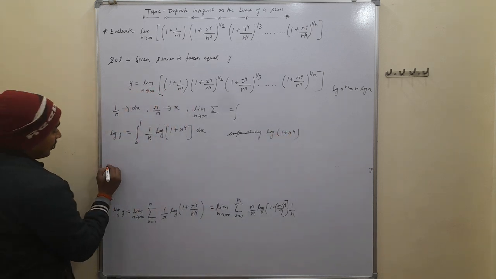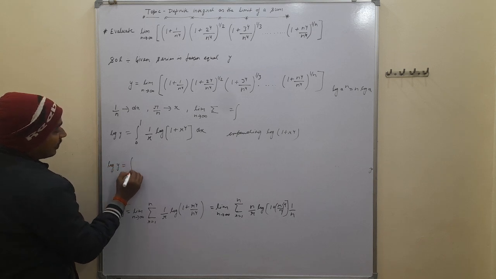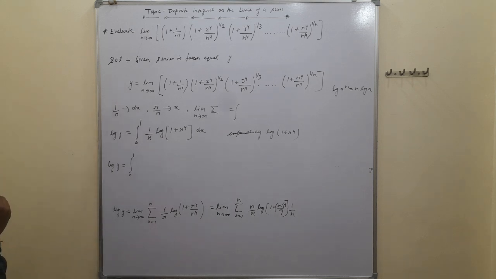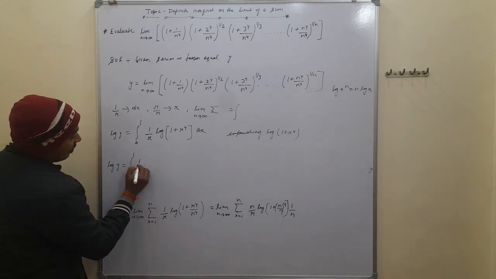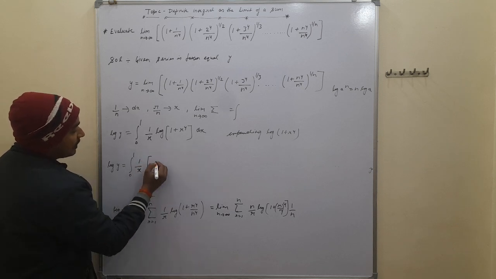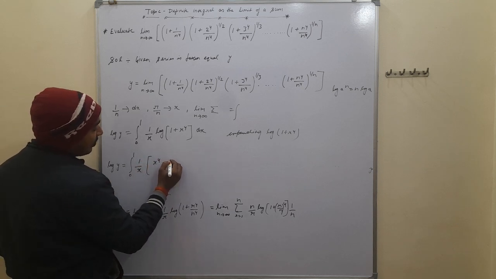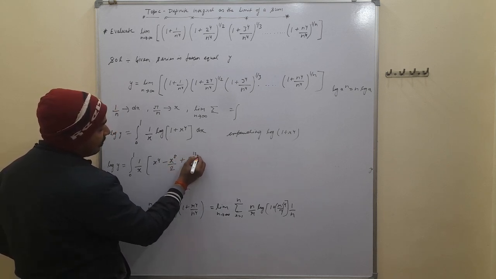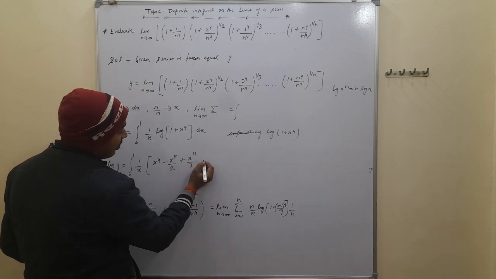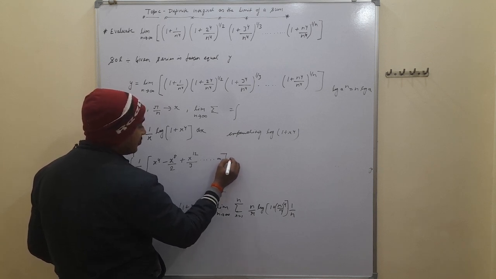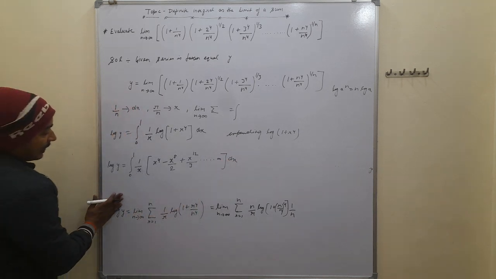We get log of y is equal to the integral with limit 0 to 1, and here 1 by x, we expand the terms, that is log 1 plus x, this is x to the power 4 minus x to the power 8 upon 2, plus x to the power 12 upon 3, and similarly dot dot dot to infinity, and this is dx, and further we have to integrate.